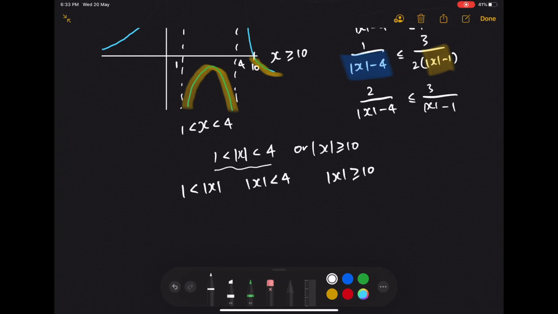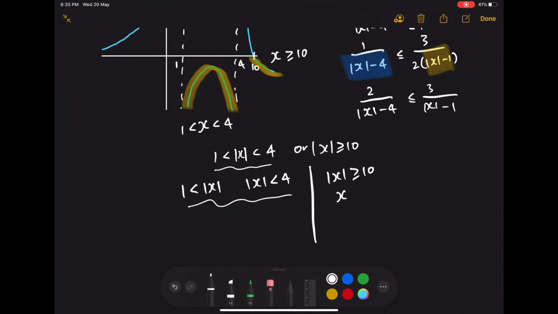When you break it up, remember that it's different from mod x more than or equal to 10, so we need to later on combine this section again. Always remember to reject the ones for the mod when you see a negative value. Even if the range is negative, you just have to reject it, because mod always gives you a positive answer, right? So now let us solve this side first, where mod x is more than or equal to 10.